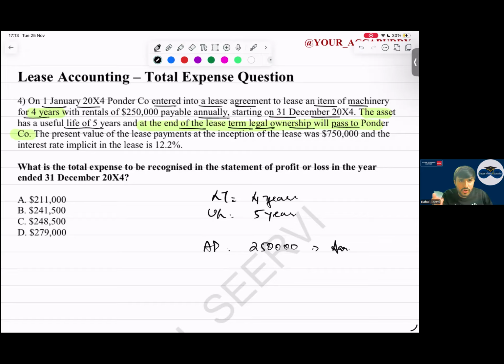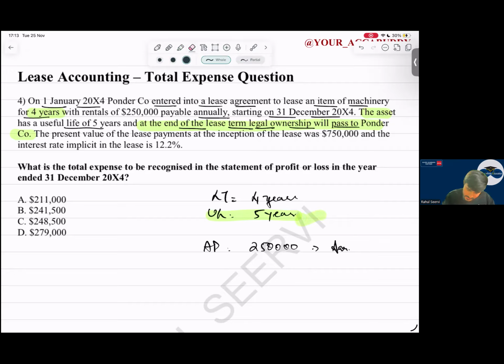If the asset is transferred to the lessee at the end of the lease term, we recognize the depreciation based on useful life. If it is not transferred, then the shorter of useful life or lease term. But here it is mentioned in the question, we have to charge depreciation for 5 years.